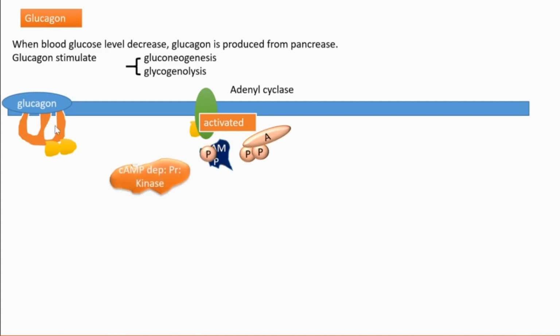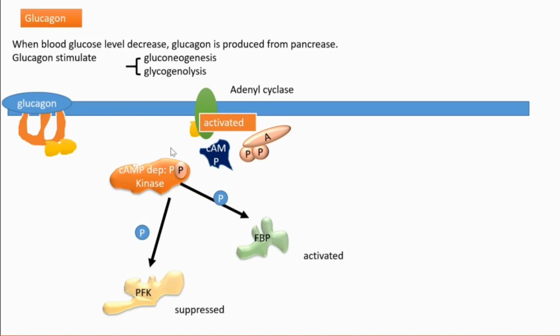cAMP is formed, and this cAMP in turn activates another protein kinase. That protein kinase is called cAMP dependent protein kinase. It is an enzyme, and its activation results in activation of some other reactions over two other enzymes that we are going to see. Kinase means its action is to add phosphate on some other substrate and to regulate its activity.